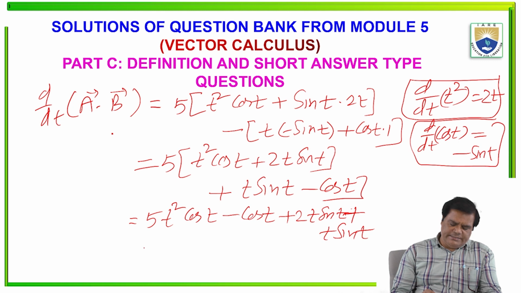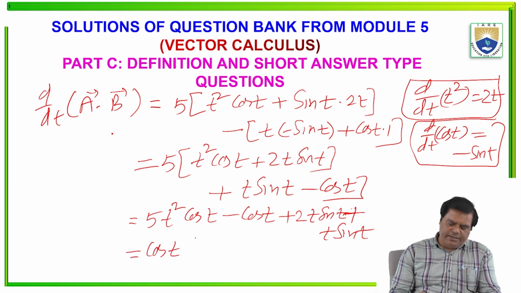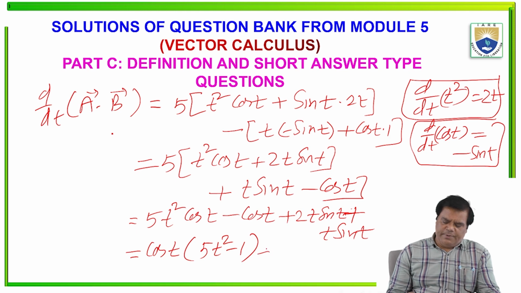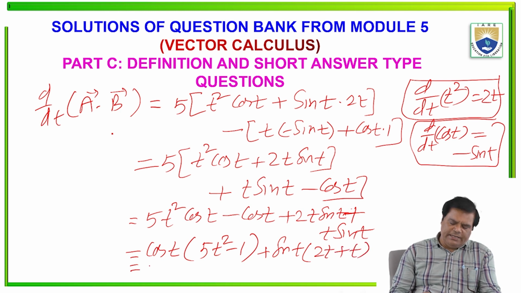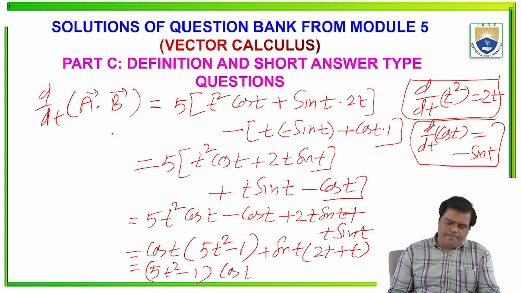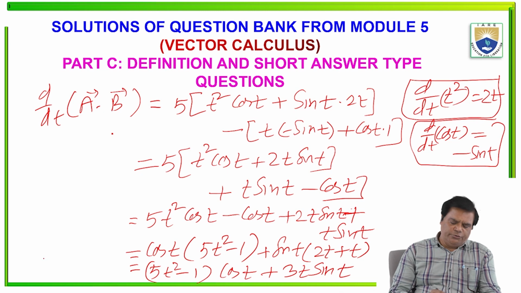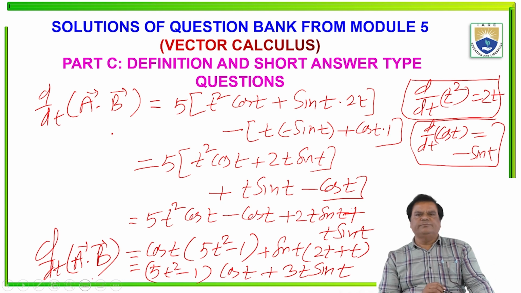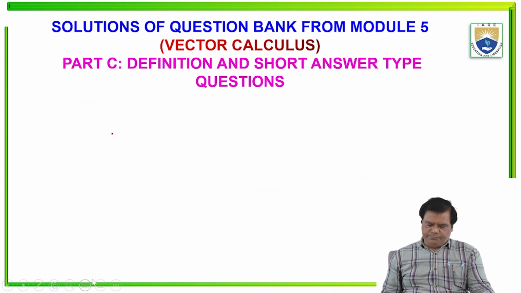So final answer: cos t is common, 5t square minus 1, and sin t is common, 2t plus t. So the final result is (5t square minus 1) into cos t plus 3t sin t. So this is the d over dt of vector a dot vector b. Okay. So this is the answer.